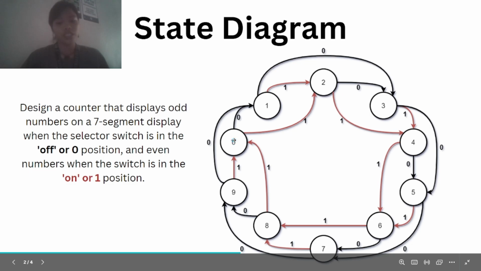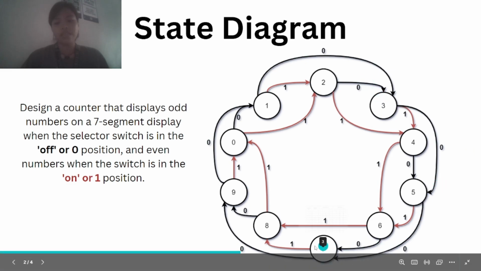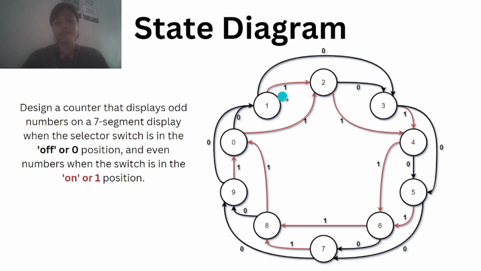Then when we turn off the switch, it will be redirected to the display numbers 1, 3, 5, 7, 9, and back to 1. And that's how our state diagram works.